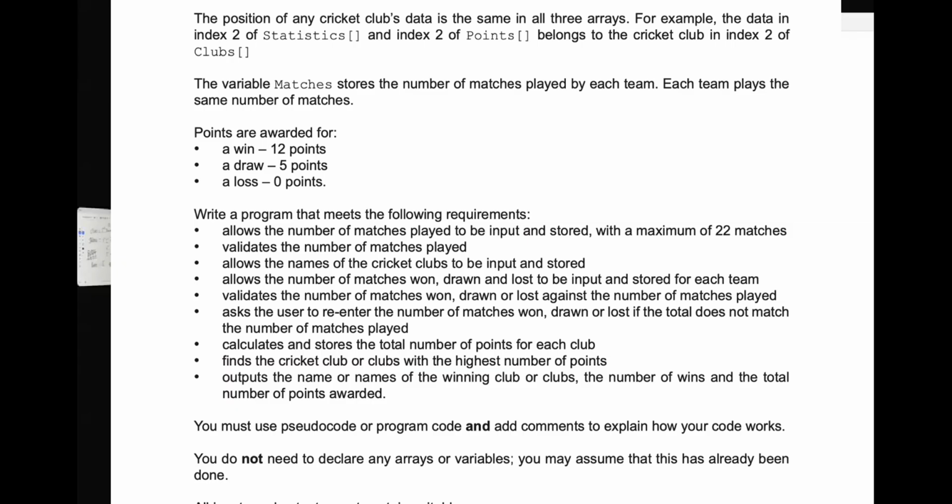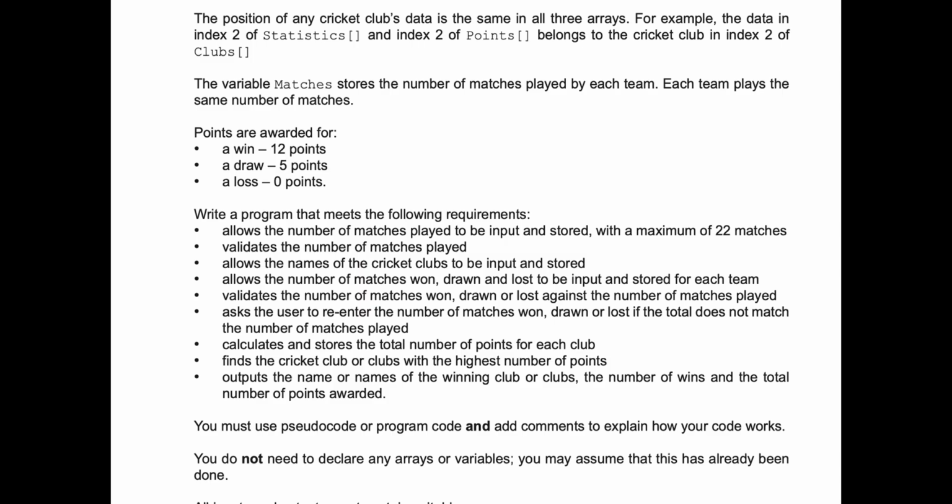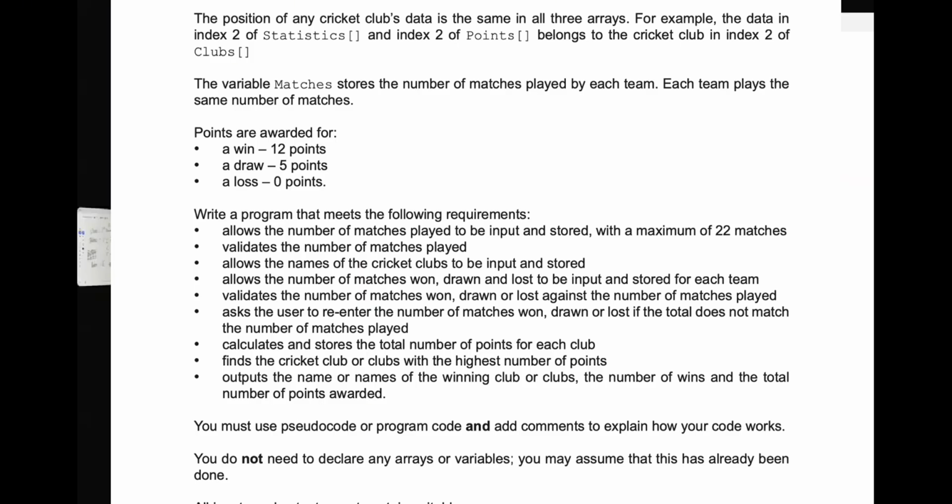Okay, so now we're going to do the next one, which is calculate and store the total number of points for each club. And that means we're going to see how many they've won times by 12, how many they've drawn times by 5, and there's no points for a loss. So we're just going to do those first 2, 12 or 5. So we're going to calculate their points.